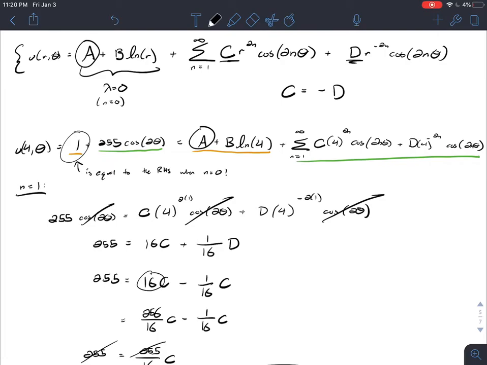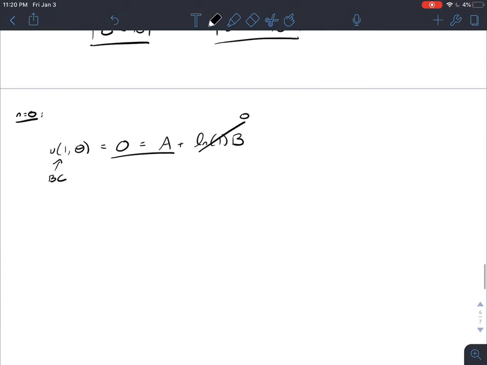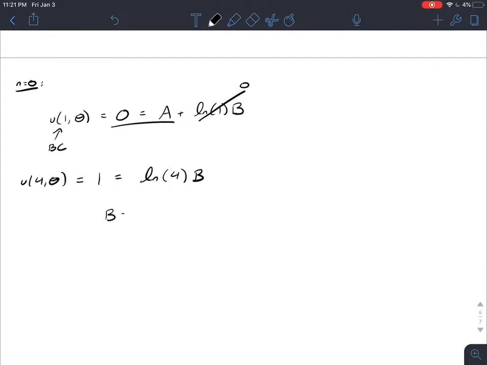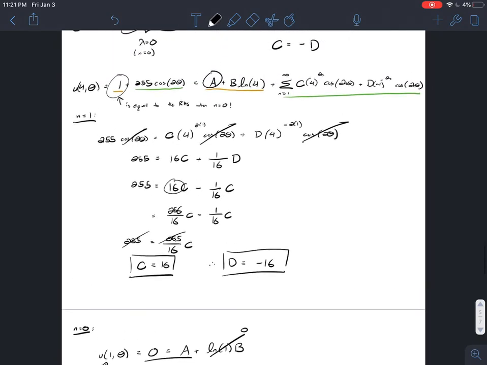The reason for this is that cosine of 0 is just going to be 1, and then the terms will cancel themselves out, because c equals negative d, so c minus c will just be 0. And then you can explicitly solve for the coefficient b. So when u4 theta equals 1, we're going to have the natural log of 4b. And therefore, b is going to be equal to 1 over the natural log of 4.